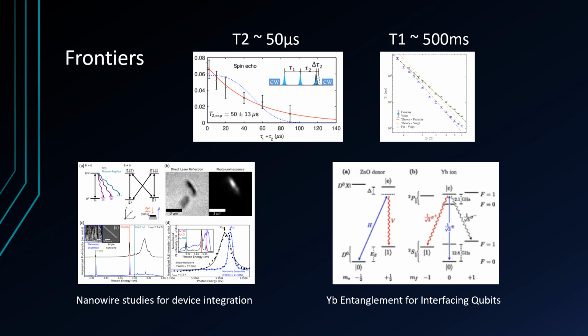Using this, ongoing work is attempting to integrate zinc oxide donors into quantum memory and register by generating entanglement between a zinc oxide donor and a trapped ytterbium ion via photons, taking advantage of zinc oxide's superior optical interface. This interface role is likely where it would find its place among the many components of modern quantum technology.